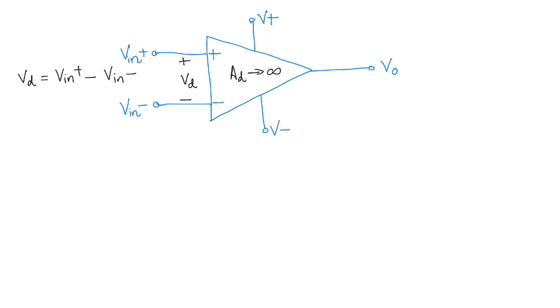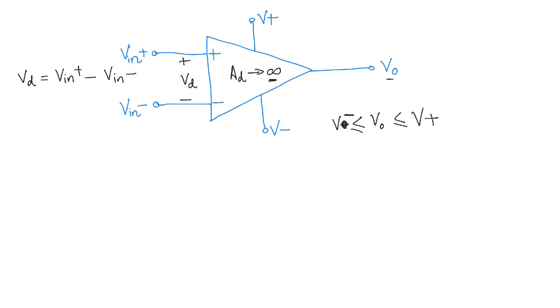We are also saying that even though AD is infinite, V output is always bound, and the lower limit is V minus and the upper limit is V plus.